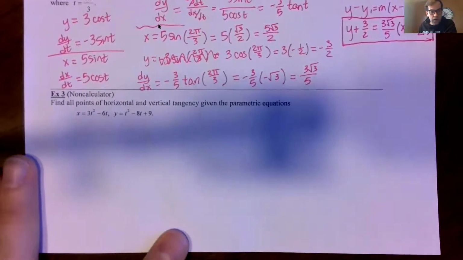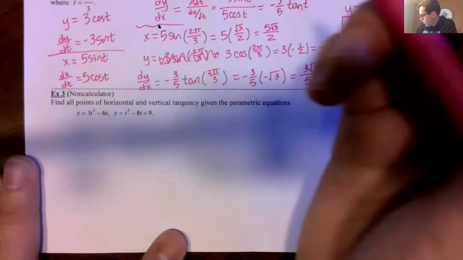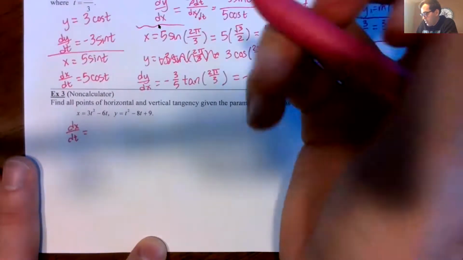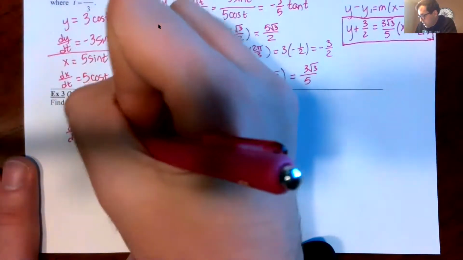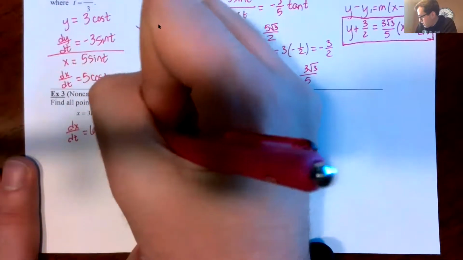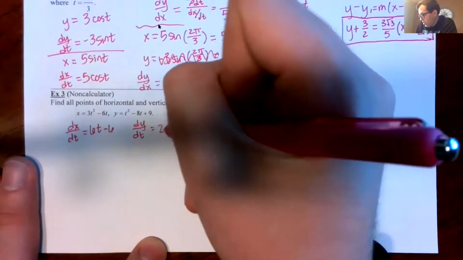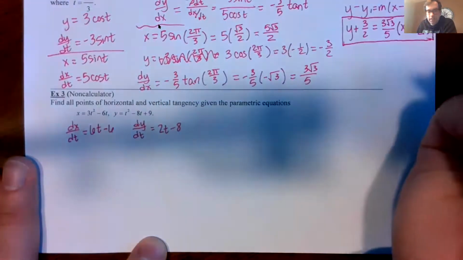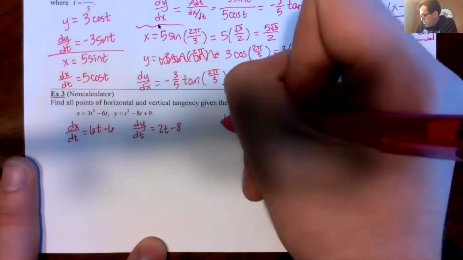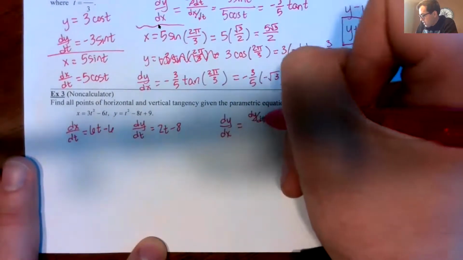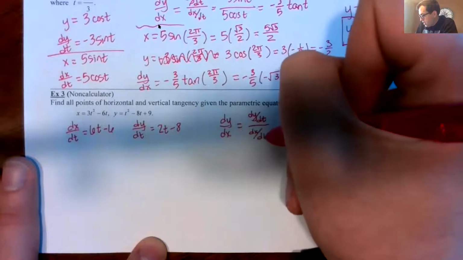So let's try this. First of all, we're going to have to find an equation for dy dx. So dx dt is going to be what? 6t minus 6, and dy dt is going to be what? 2t minus 8. So then dy dx is going to be dy dt over dx dt.